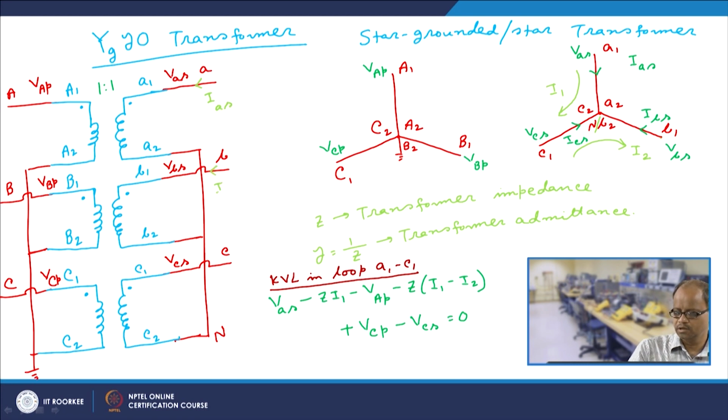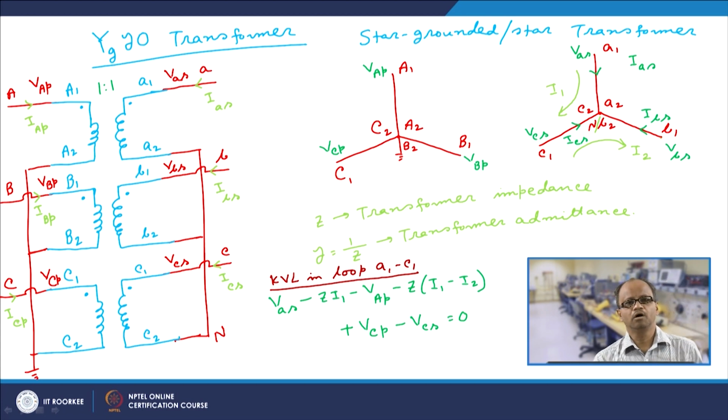Similarly, IBS would be in this direction because they are entering, and ICS would also be in this direction. And in the primary side, our current directions would be IAP, this would be IBP, and this would be ICP.